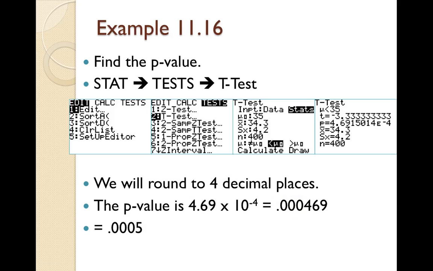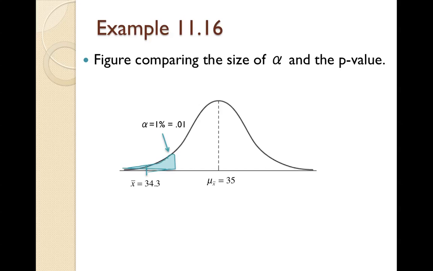0.0005. This is a very small p-value, a highly significant p-value, which means, let's look at the picture, what that means now. Alpha of 1% is much larger than the p-value 0.0005. 0.01 is larger than 0.0005.